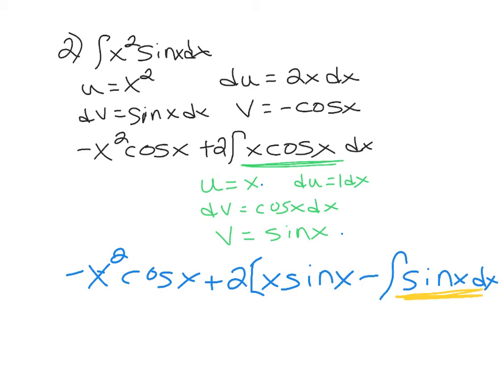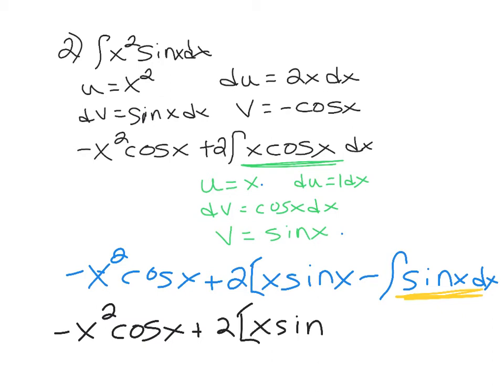So then your final answer for this problem, you're going to have negative x squared cosine x plus 2, parentheses x sine x, and then the integration of sine is negative cos, so it's minus a negative becomes a plus cos x. Close that up, and because I integrated, there is going to be a plus c at the very end there. So that's that problem.